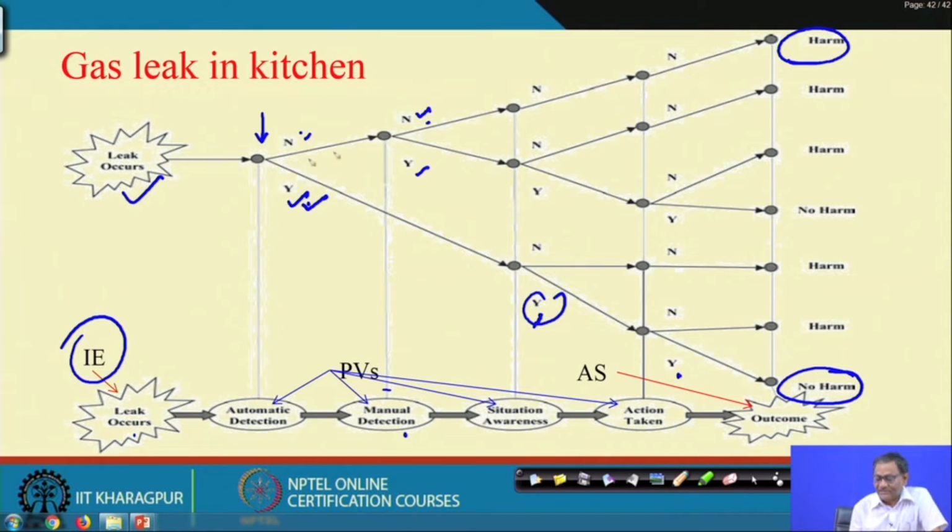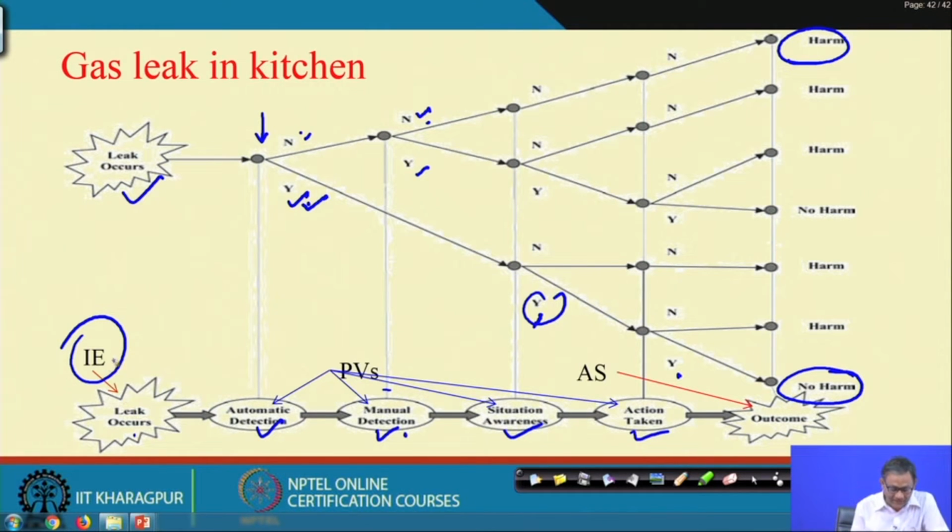So the system-level measures like automatic detection, awareness, and actions may fail or be successful, and depending on which one is successful at what time, and the severity, the end accident states will be like this.